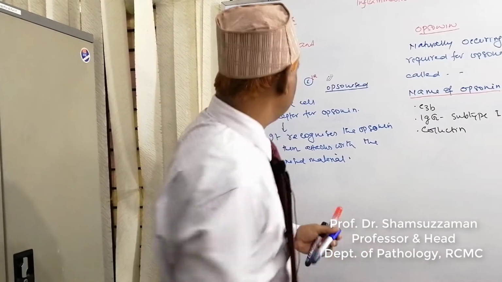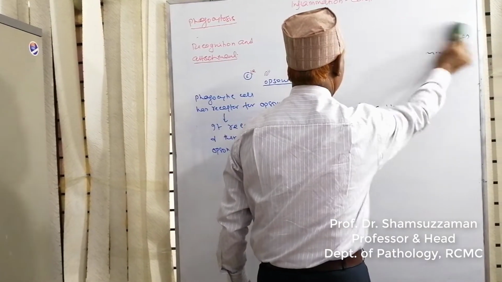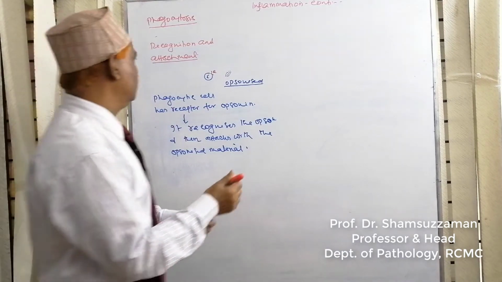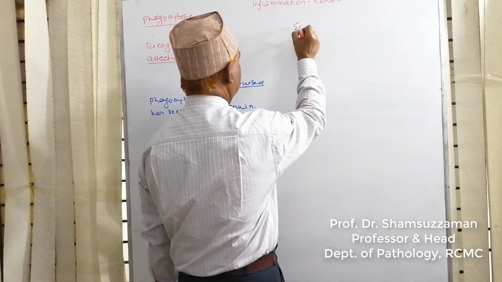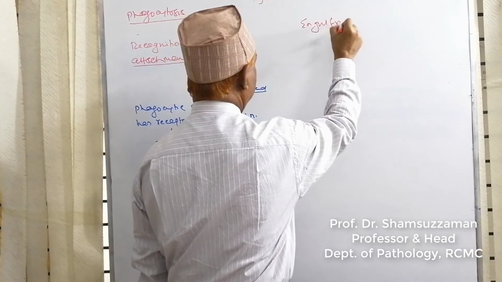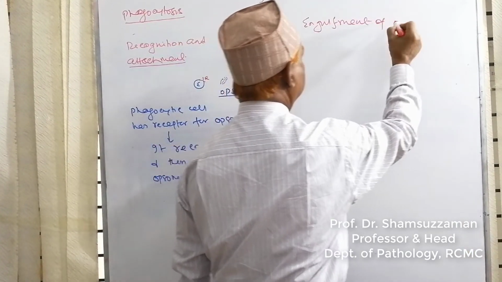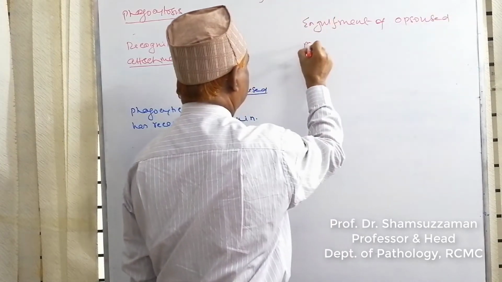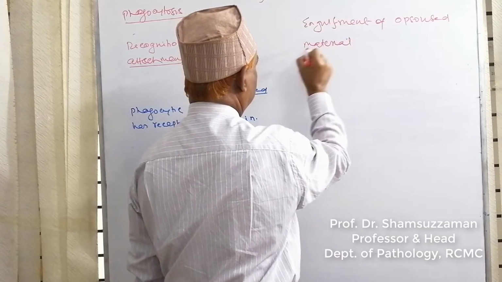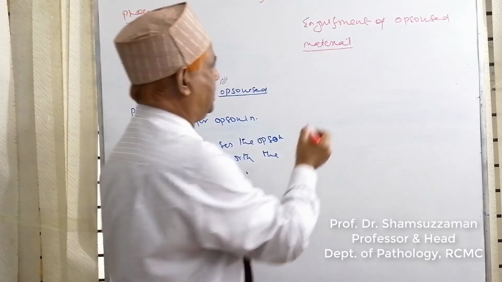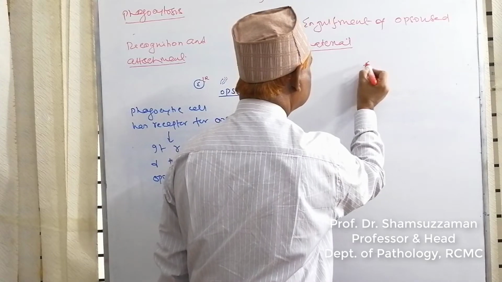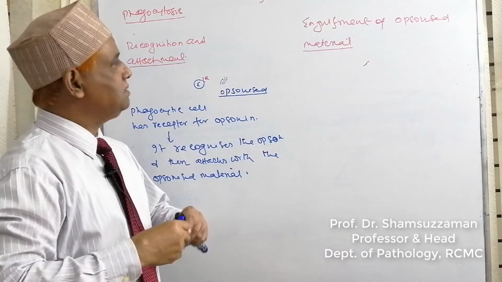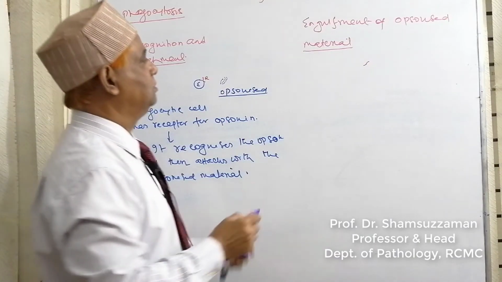What happens after attachment? After attachment, the next step is engulfment of the opsonized material. Again, if this is the opsonized material or bacteria, it will be engulfed by the phagocytic cell. This is engulfment of opsonized material. How?